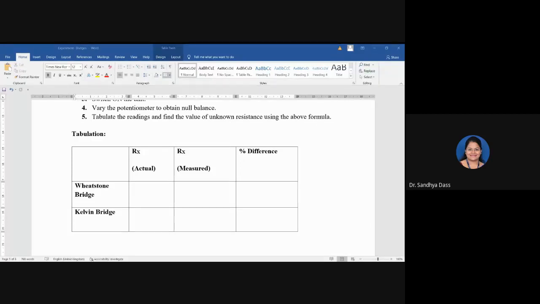The manual is shared again for your information. It's available on Canvas. Go through the manual; the circuit connection and explanation of theory are all there. And even in the demo, I've shown how to do the connection and how to conduct the experiment. Any queries at this point?